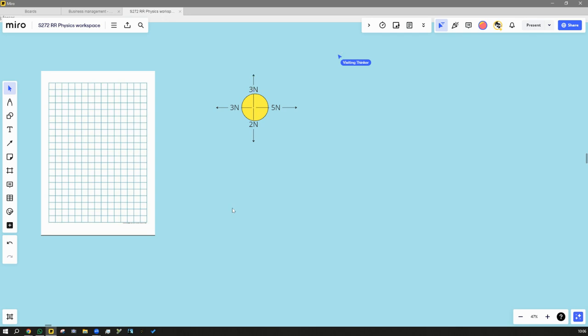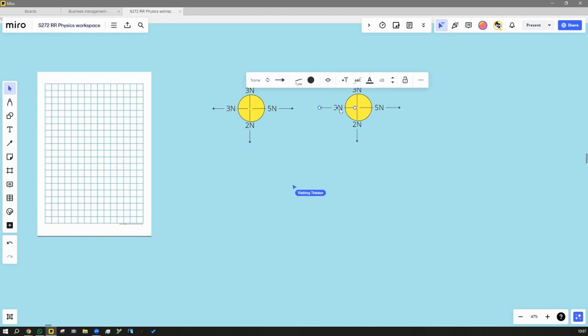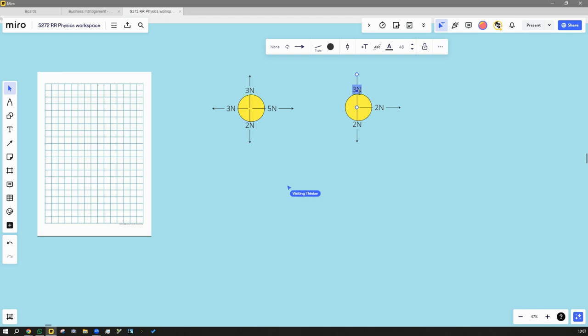So you may already know that the first thing you do is look at one dimension in turn. If we look at the horizontal dimension, we resolve it separately from the vertical like that, and the vertical one gets resolved separately as well.